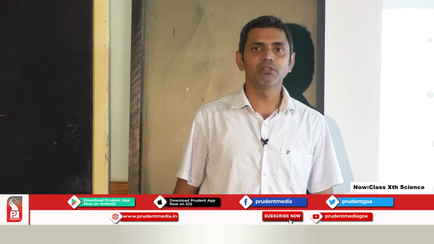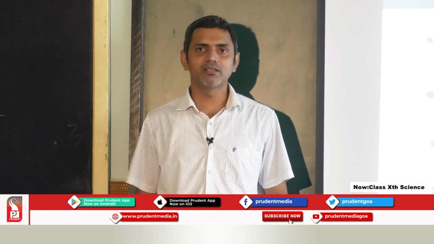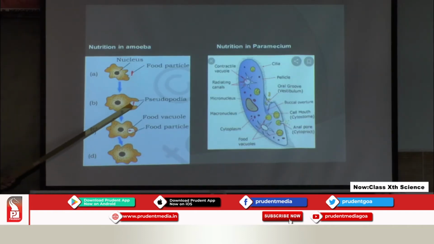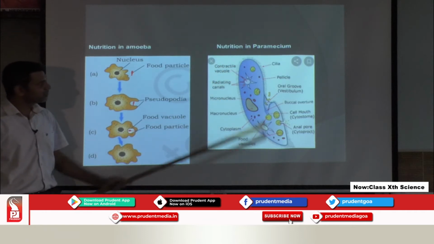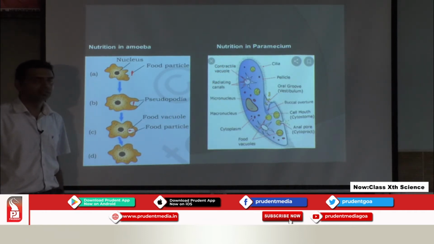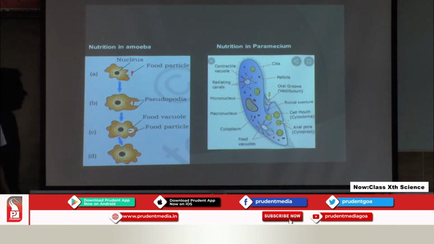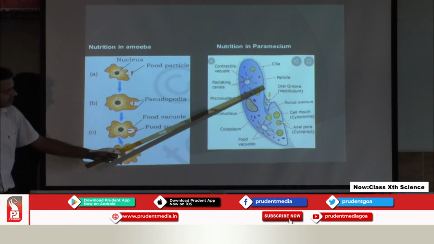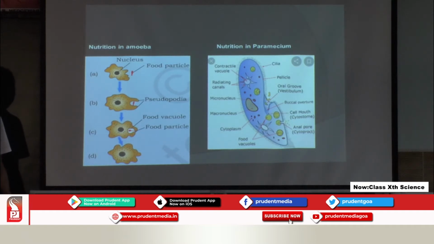but paramecium will not take in food from any part. Amoeba can take in food from any side, because the entire surface is in contact with the environment. Although paramecium is unicellular, paramecium has hair-like structures called cilia, which help in movement.